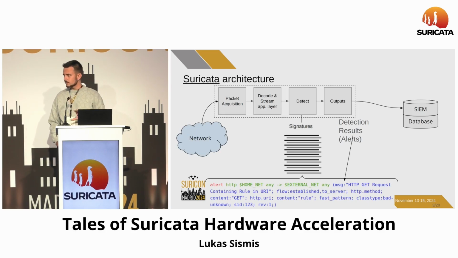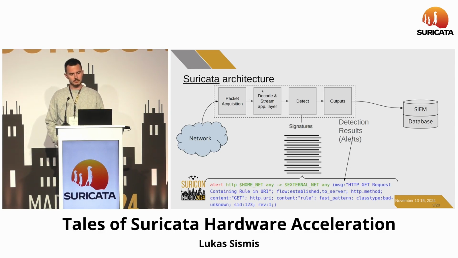All right, before we begin, I just wanted to remind you of the Suricata architecture, which has 4 main modules. In the first, packet acquisition, we receive packets. Then we do some housekeeping, decoding, stream reassembly, and so on.